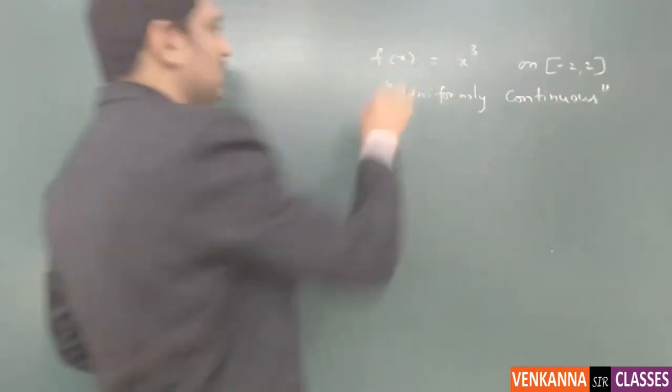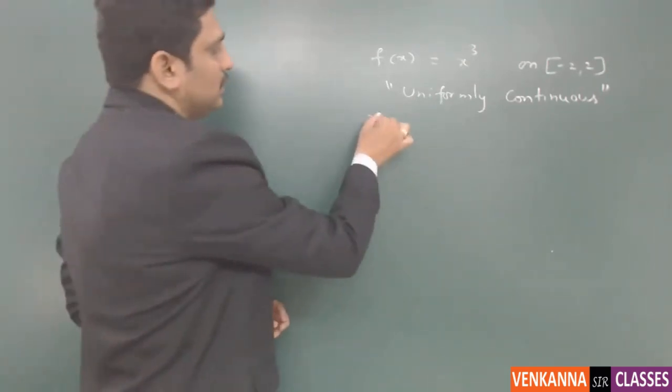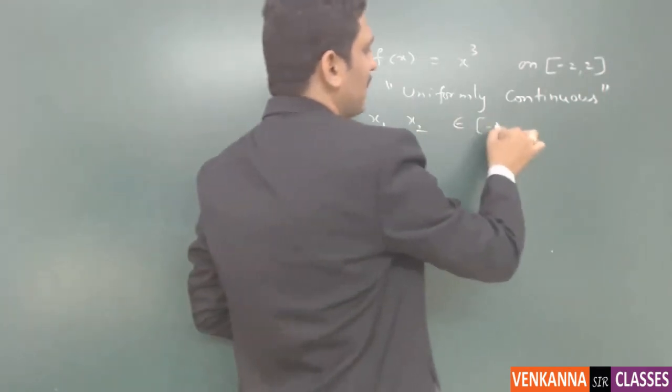It is my task. In other words, I am going to build a relation between epsilon and delta satisfying the condition. So first of all, you take x1 and x2 in the interval minus 2 comma 2.